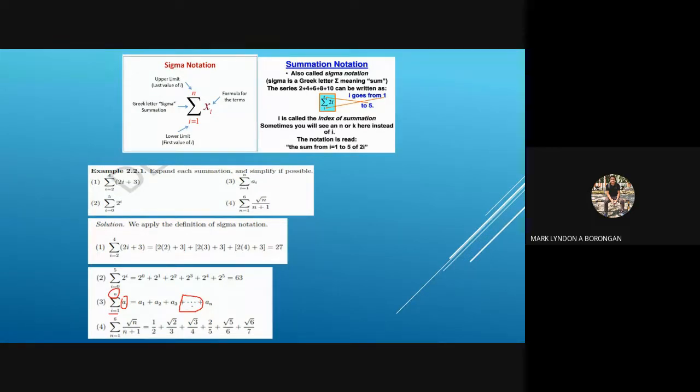But before ka mo represent ani, you must at least have three terms nga gisulat before ka mo write ani, and then sumpayon na nimo dayon up to the nth term. So from a sub I, substitutean nimo siya og a sub 1, a sub 2, a sub 3, and then insert nimo ang ellipse, and then a sub n na dayon. Okay, this is the nth term, or this is your last value of I.